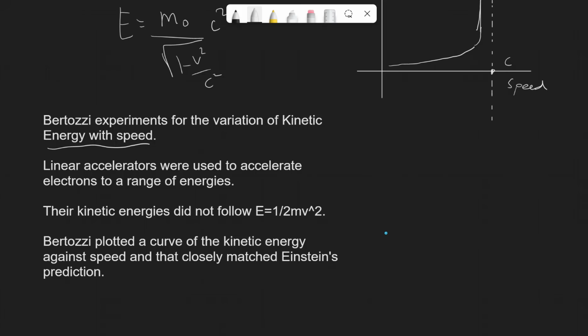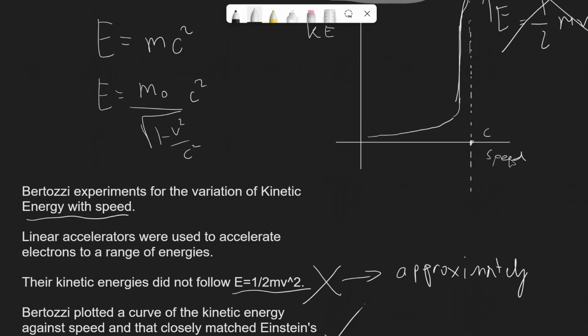But the key idea is that he showed that the formula E is equal to a half mv squared is simply not true at high energies, and this half mv squared is merely an approximation, and this is really crucial. He actually plotted a curve, and this curve turned out to be very similar to the kinetic energy against speed curve as predicted by Albert Einstein.